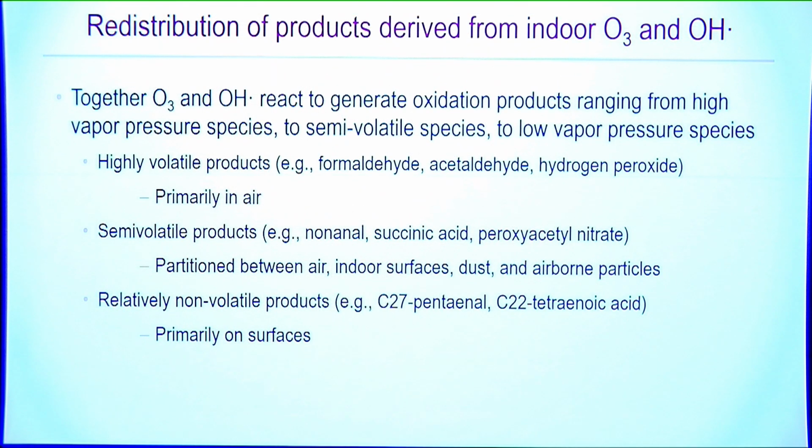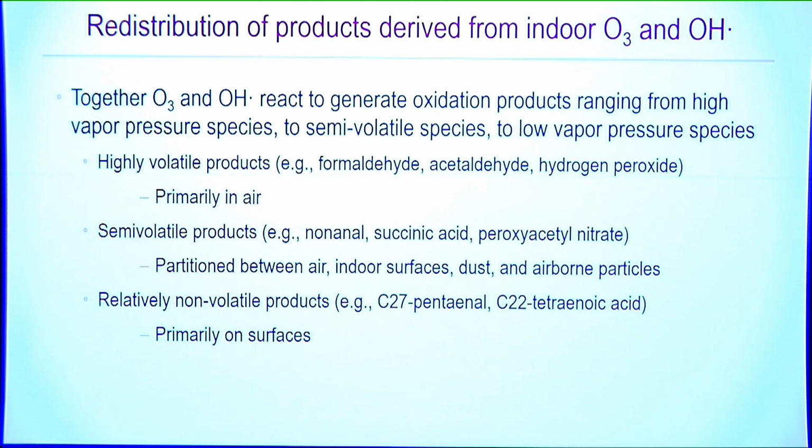So together, these two oxidants, ozone and hydroxyl radical, generate products with a range of volatilities. You have highly volatile products that exist primarily in the gas phase. That's species like formaldehyde, hydrogen peroxide, acetaldehyde. You have what we call semi-volatile organic compounds.